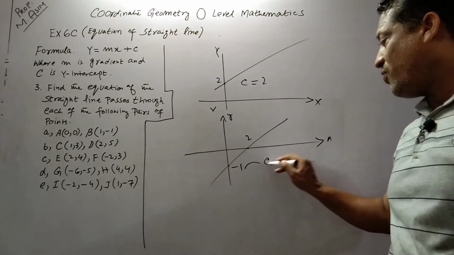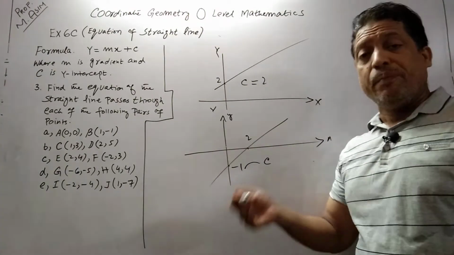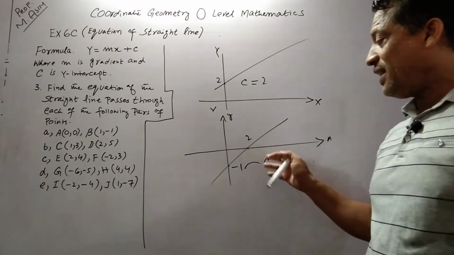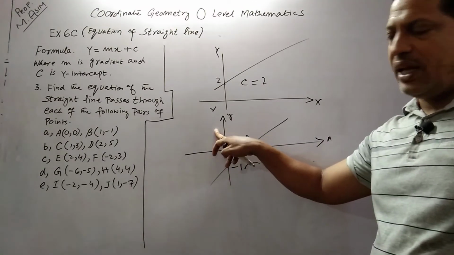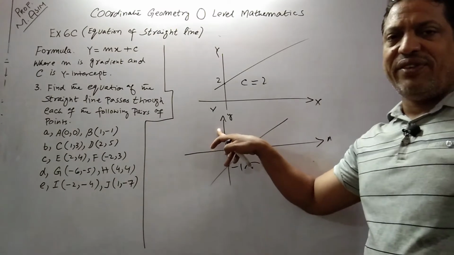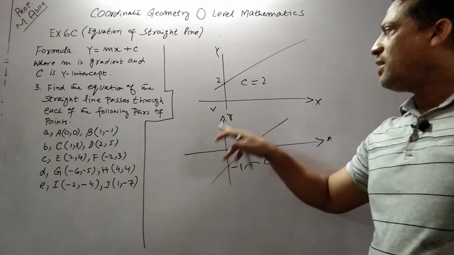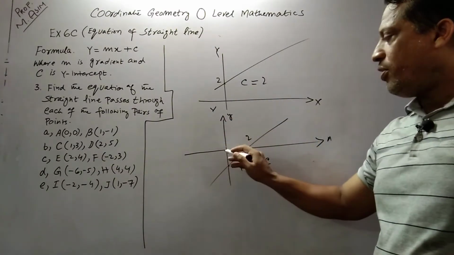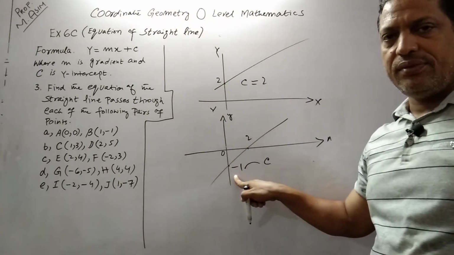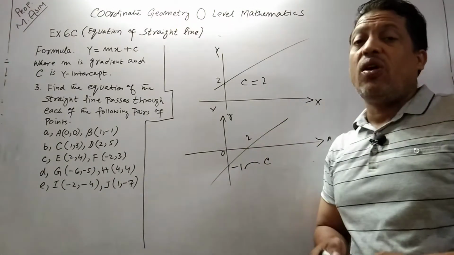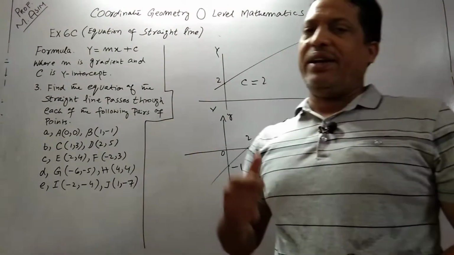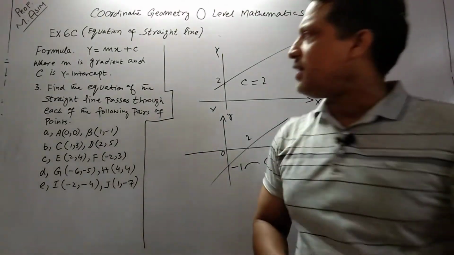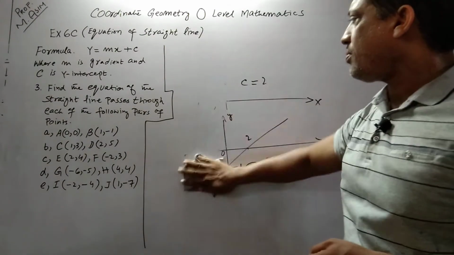Definitely the value of c, the y-intercept, is -1, because y-intercept means where the line cuts the y-axis. If the y-intercept is above the origin, the value is positive. If below the origin, the value is negative. But the line always cuts the y-axis, therefore we can get the y-intercept. I hope you understand the meaning of c.